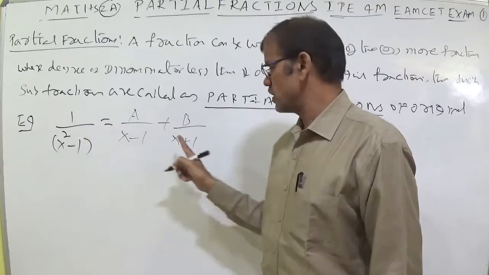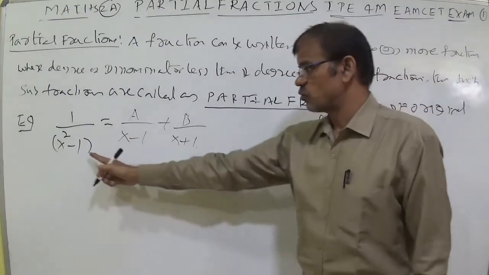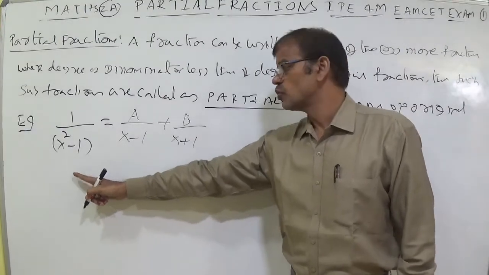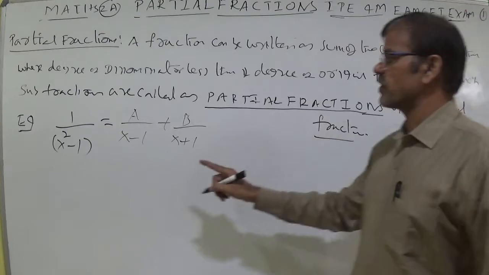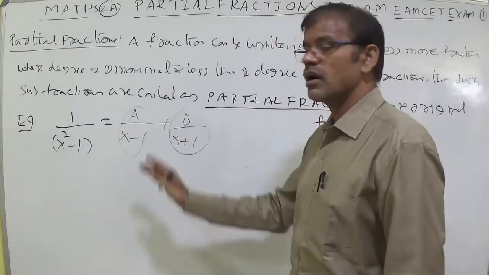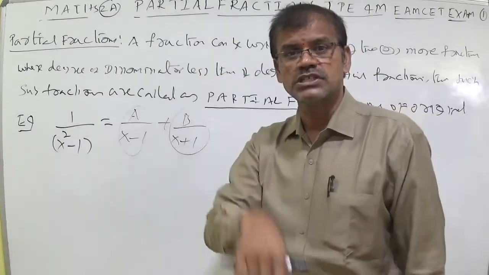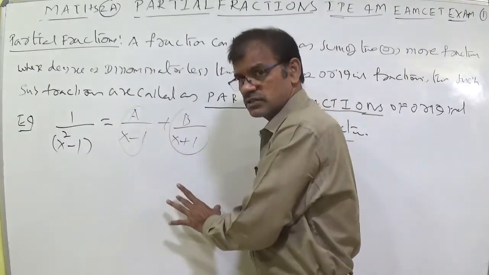So it can be written as such subfractions. These subfractions are called the partial fractions of the original fraction. This is the original and these are separate fractions.